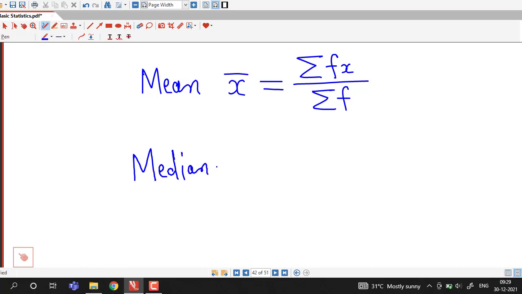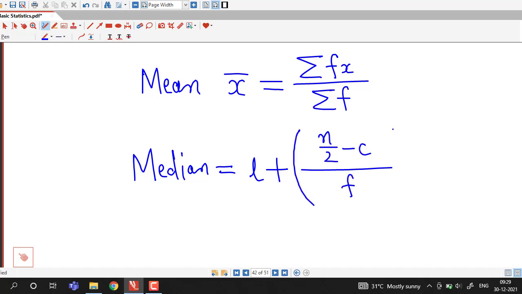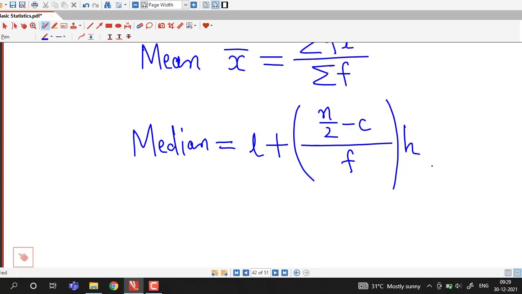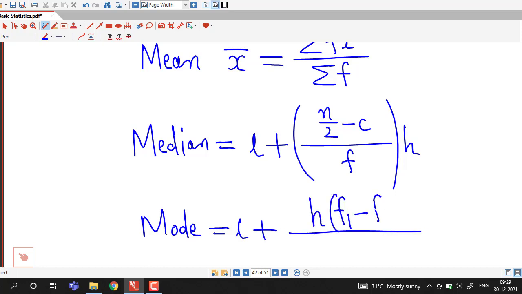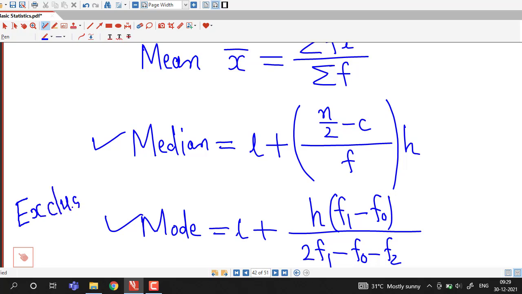Median is given by L plus (n by 2 minus c) over f times class size h, and mode is given by L plus h times (f1 minus f0) divided by (2f1 minus f0 minus f2). These two formulas are applicable if we have exclusive type classification. If classes are not exclusive, we will convert them into exclusive classes before applying these formulas.